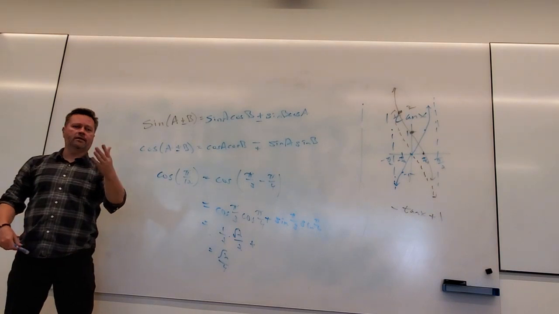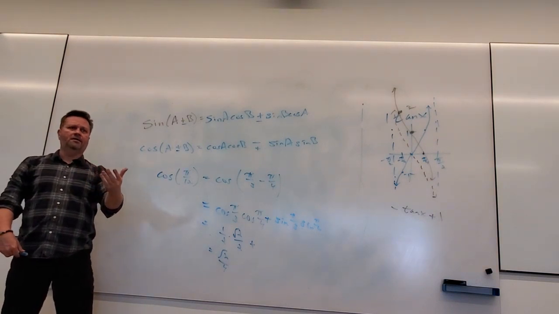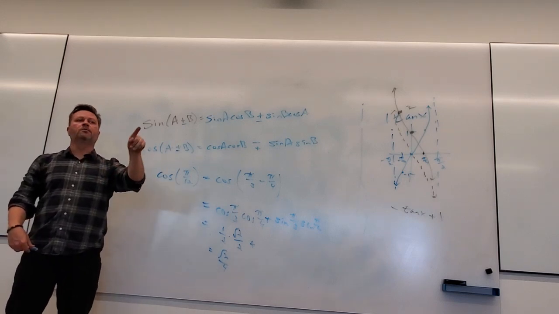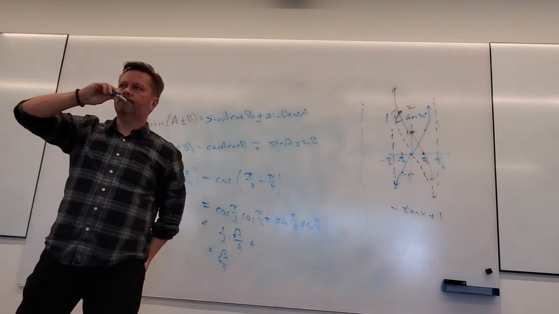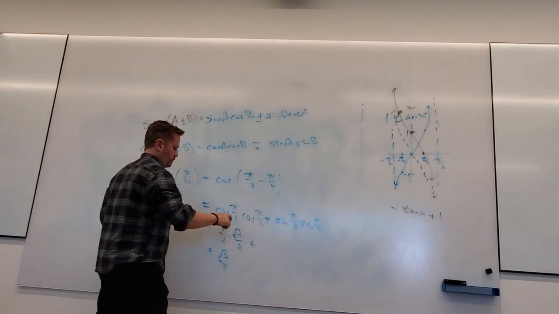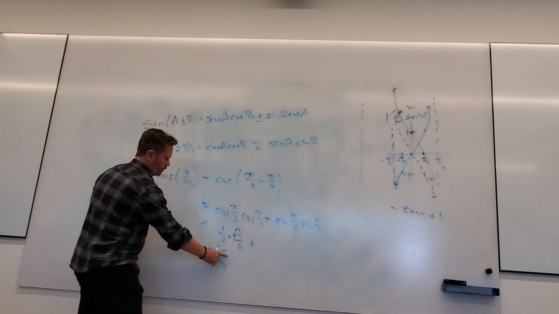As a student, you're like, you've got a calculator. And as a math teacher, I don't care, because the more you're able to do without a calculator, the more you understand the topic. So continuing with that problem, that would be 1/2 times rad 2 over 2, so rad 2 over 4.